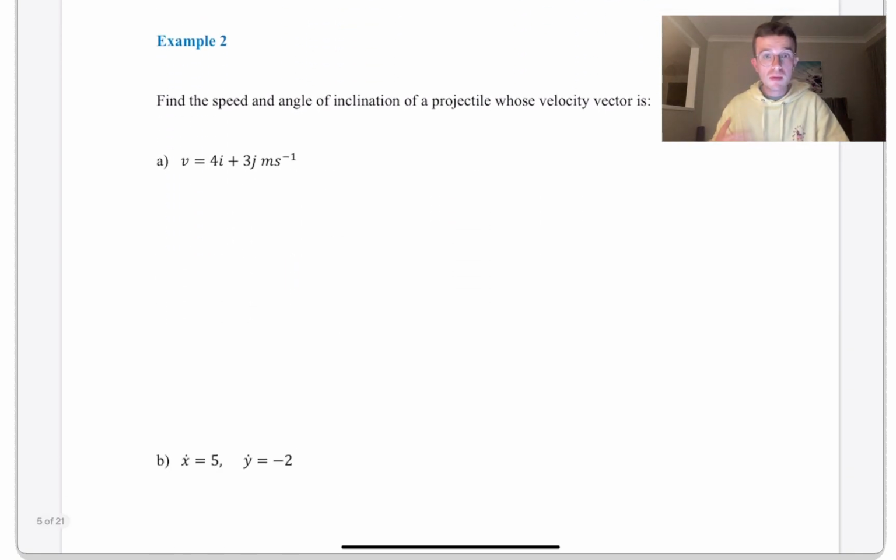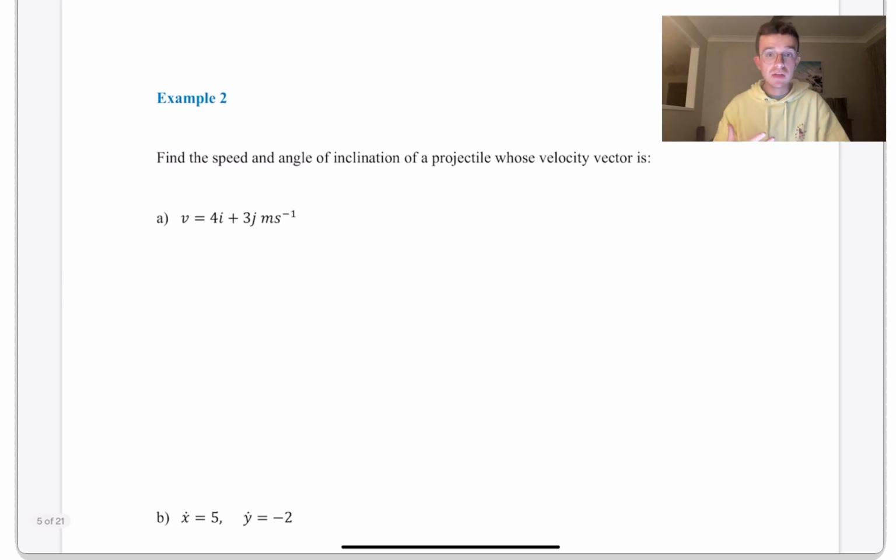Okay. Remember, velocity is a vector quantity, and speed is a scalar quantity. So velocity has not only a magnitude, but also a direction. Speed doesn't. But if it asks for speed and angle, really it's asking for its velocity. We need to know its speed, which doesn't have a positive or negative, it's always positive, and the angle will then tell us what direction it's going.